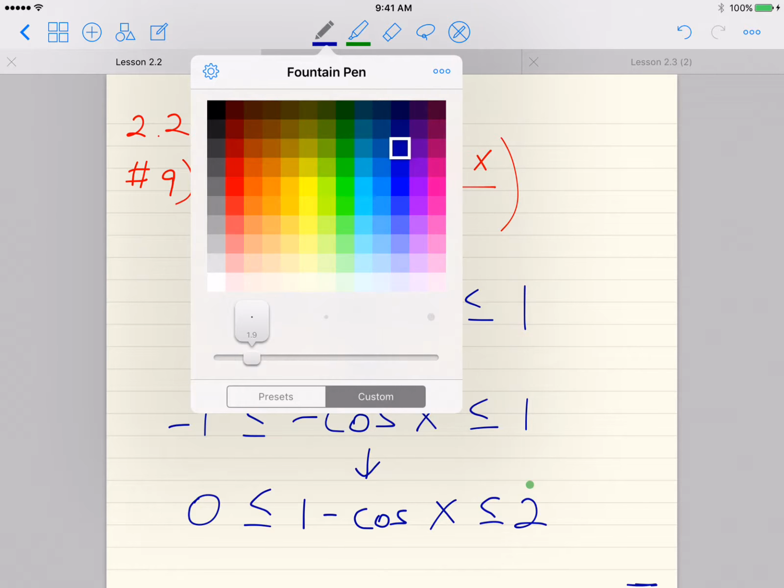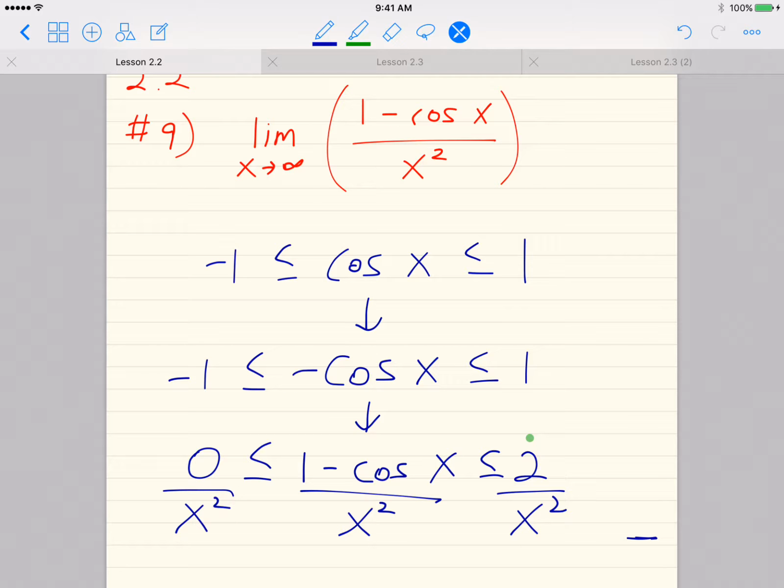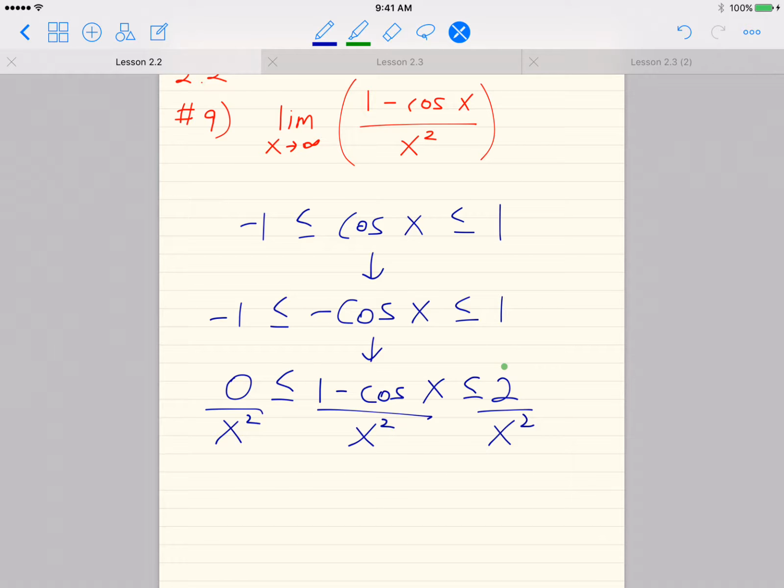So from my previous step, I could divide everything by x squared. That's the division property of inequality. We're assuming that x squared is not 0.